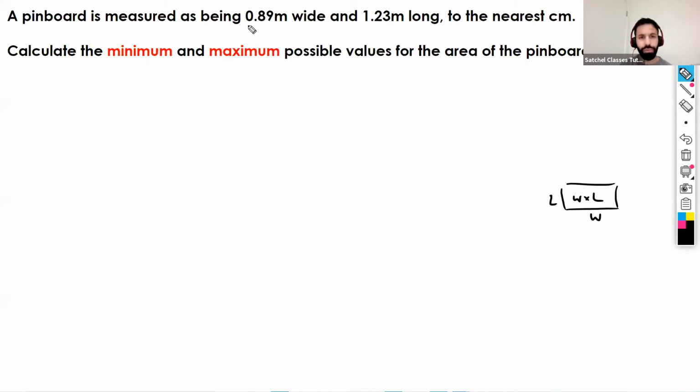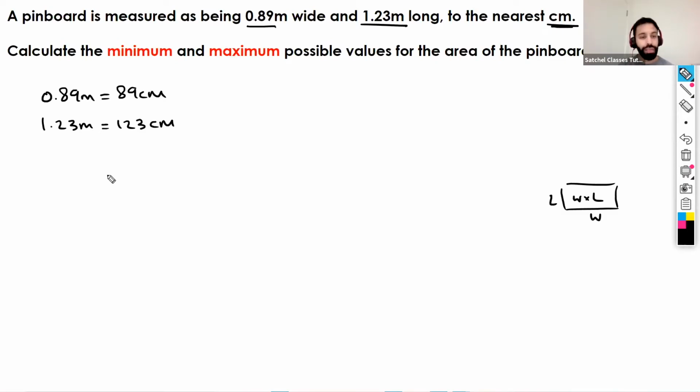But before I do that, I'm going to convert these into centimeters. So I'm working in 1 unit. So 0.89 meters is 89 centimeters. And 1.23 meters is going to be 123 centimeters. So we're just multiplying by 100.